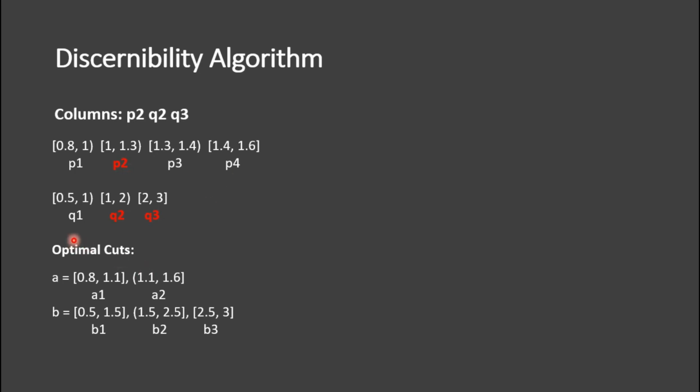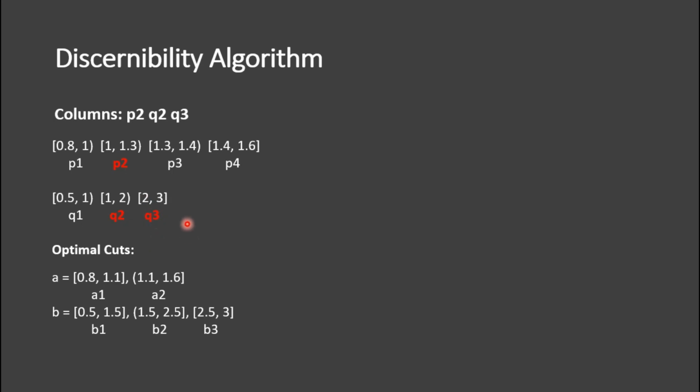For B, we take the average of 1 and 2, which is 1.5, so it would be 0.5 to 1.5, and then we take the average of 2 and 3, which is 2.5, so it would be 1.5 to 2.5 and then 2.5 to 3.